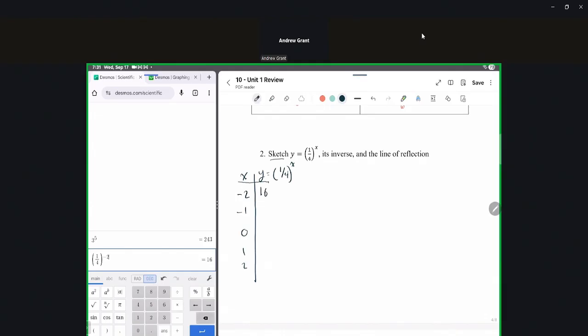If you type in -1, you'll get 4. If you type in 0, you get 1. If you type in 1, you get a quarter, but we'll write the 0.25 so it's easier to graph. And if you put a 2 in there, you get 0.0625.